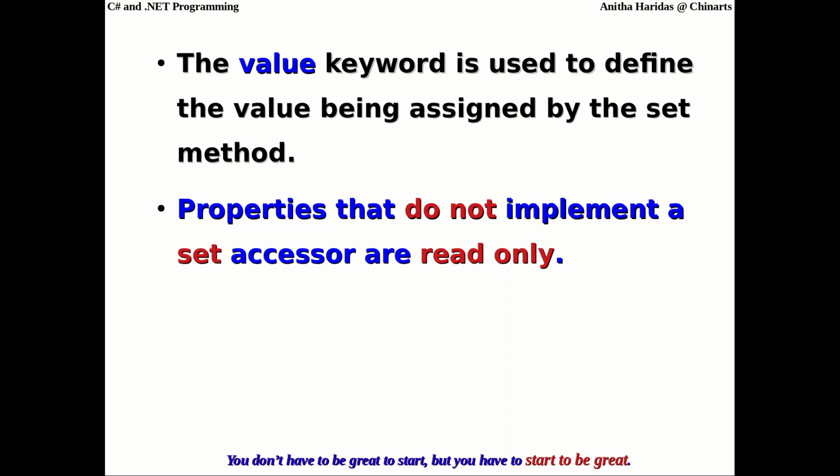That is why we say if a property does not implement a set accessor, then it can be called a read-only property. So you can understand properties do not require both get and set methods being defined. You can have only a get method or only a set method, or you can have both. Both are allowed.